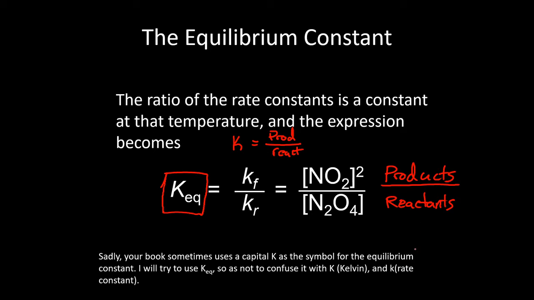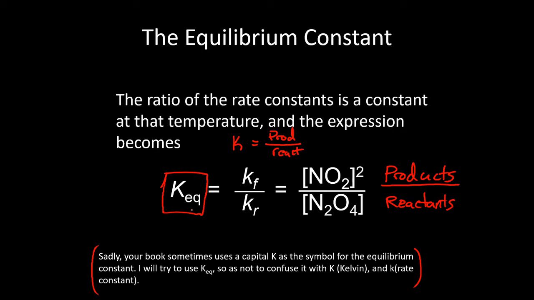Now, I do note down here, it is a little bit frustrating that we use K for this constant. Not only that, there are going to be about 3 or 4 different Ks that we're going to use here. Sometimes people just use capital K. That's not quite as common.